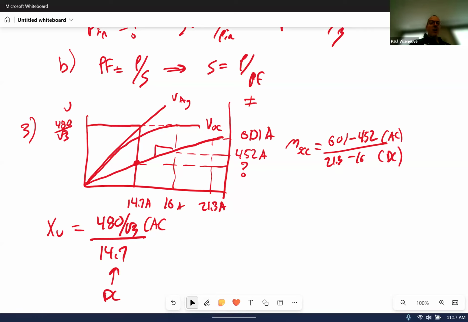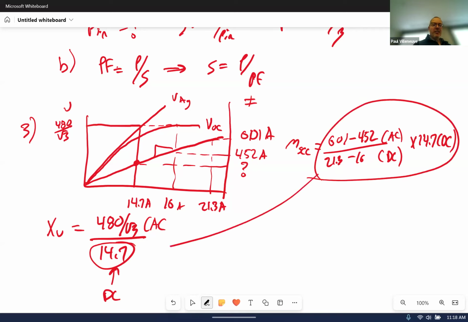I need to solve for the AC current at 14.7. So don't I just need to multiply that by 14.7, which is my DC current, to give me the AC current? So this is not 14.7. It's whatever current you get over here.